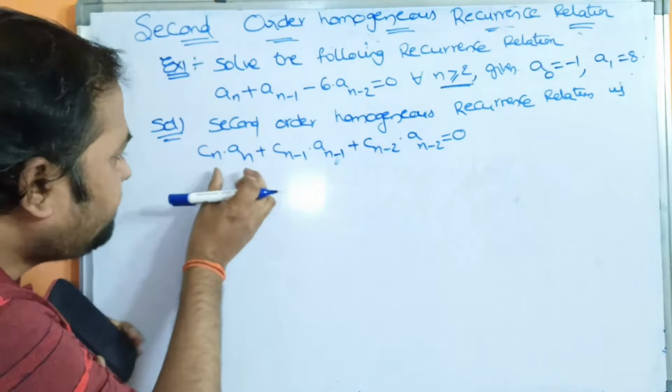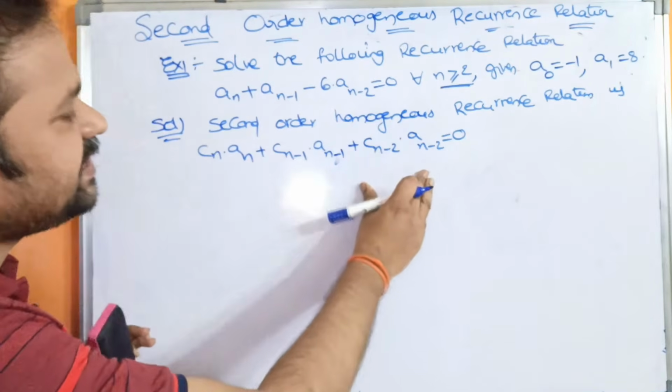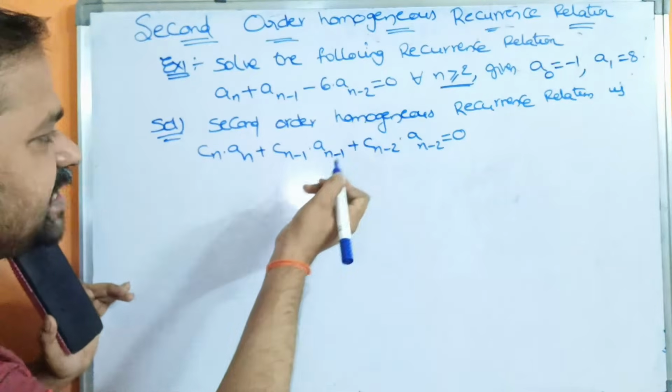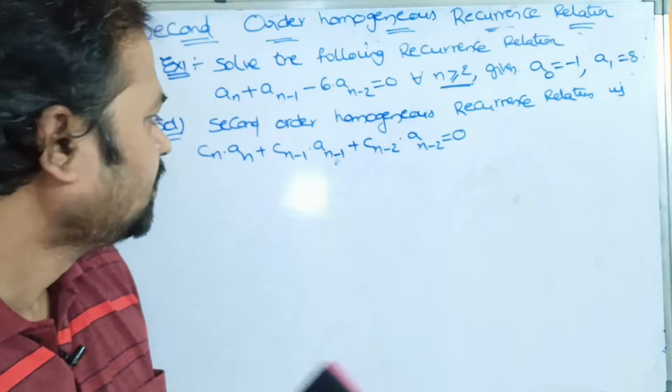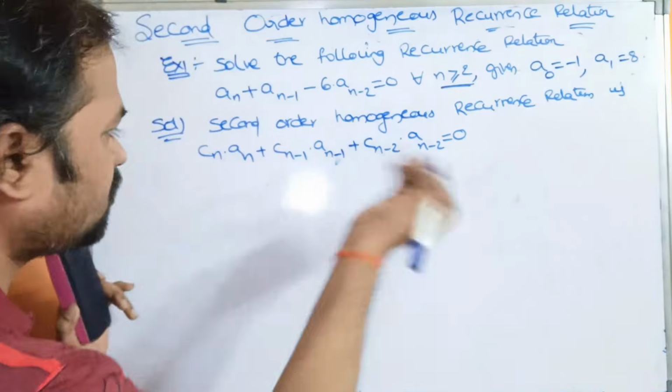If we compare this equation with the given problem, we can get the values of Cn, Cn minus 1, Cn minus 2. Here Cn minus 1 and Cn minus 2 are nothing but constant coefficients.